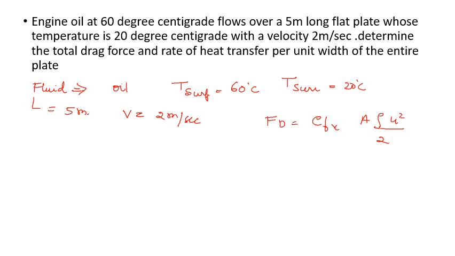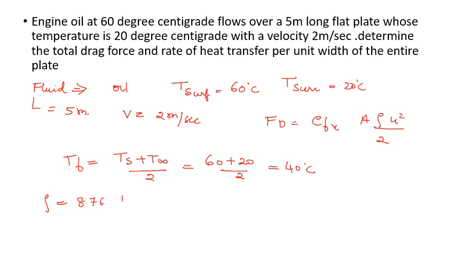So, properties at the film temperature. The film temperature is Ts plus T infinity divided by 2, that is 60 plus 20 divided by 2, which is 40 degree centigrade. For the engine oil, the properties at 40 degree centigrade: density is 876 kg per meter cube and viscosity is 241 into 10 to the power minus 6 meter square per second.